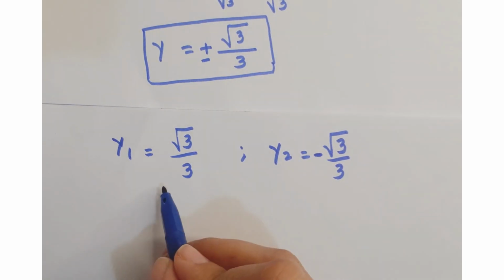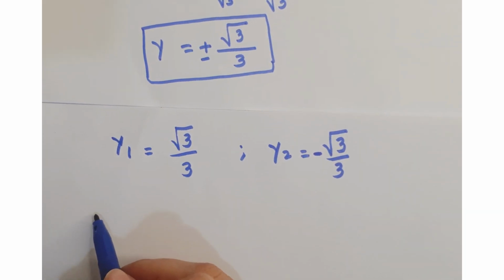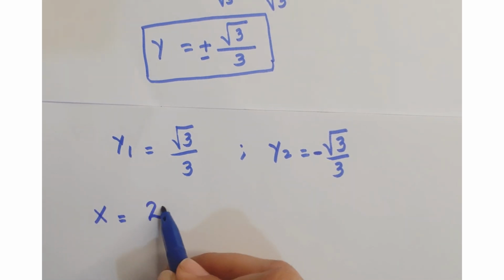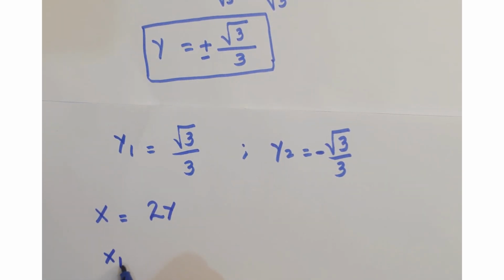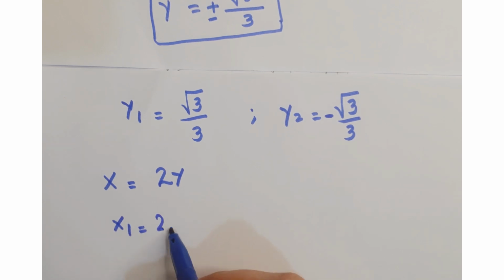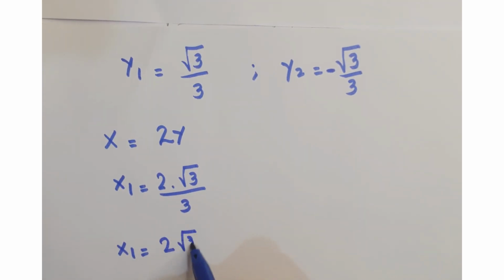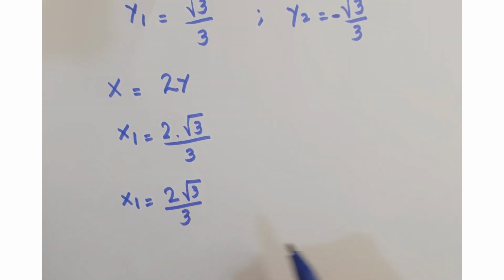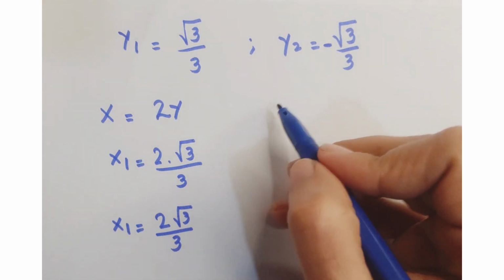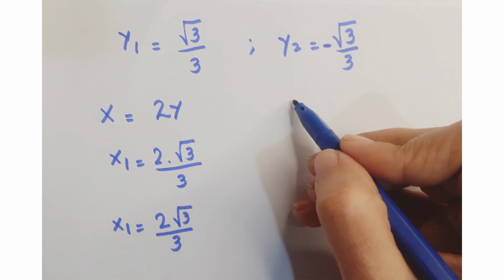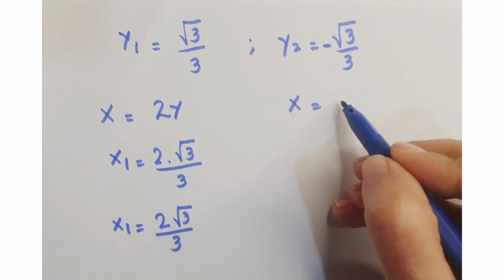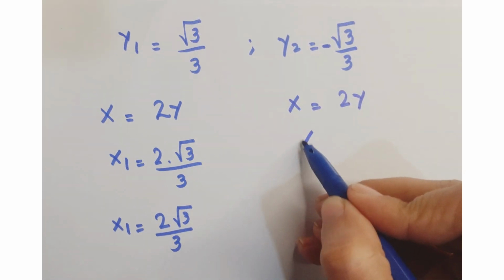Now for y1, under root 3 upon 3, we are going to evaluate x from this equation. So we get x1 is equals to 2 into under root 3 upon 3, or you can say x1 is 2 under root 3 upon 3. And similarly for evaluating x2, for y2 we have x is equals to 2y.